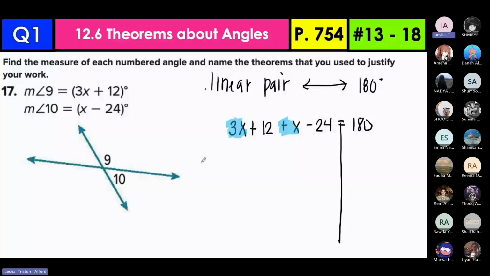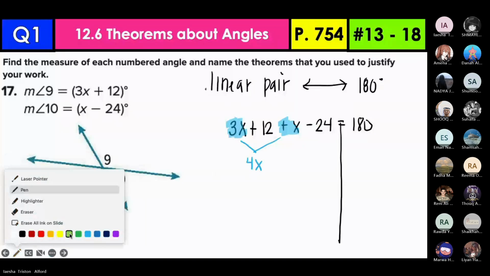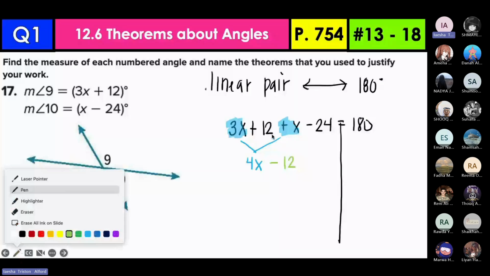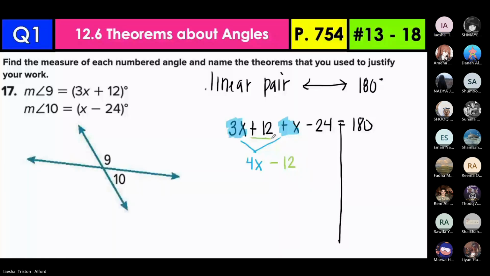So 3x plus x gives you 4x. 12 subtract 24 is negative 12, right?